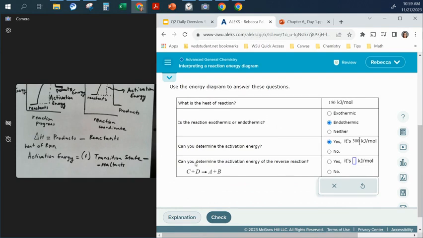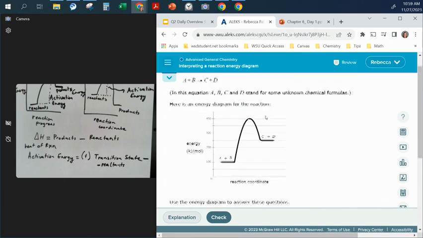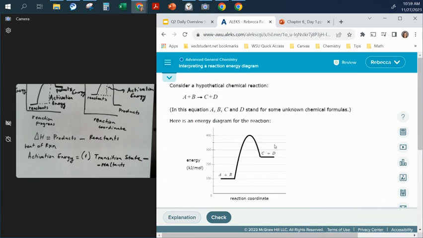Then, this is the next part. Can you determine the activation energy of the reverse reaction? So you imagine you take your graph and you flip it. And you say, oh, now I'm starting here. I'm going to have to go over the activation energy, the barrier, and then get to my product. So this is my reactants, this is my products. So the activation energy for that is take my transition state, and subtract my new reactants.